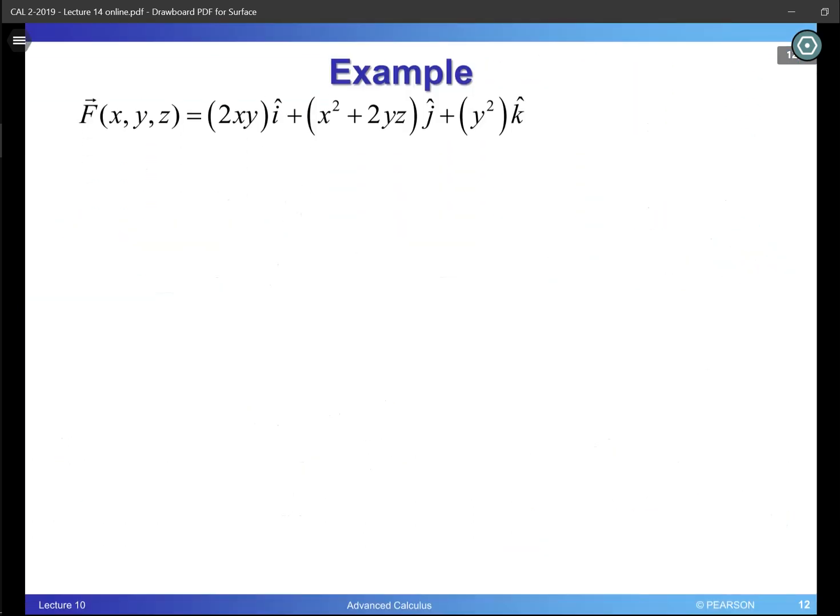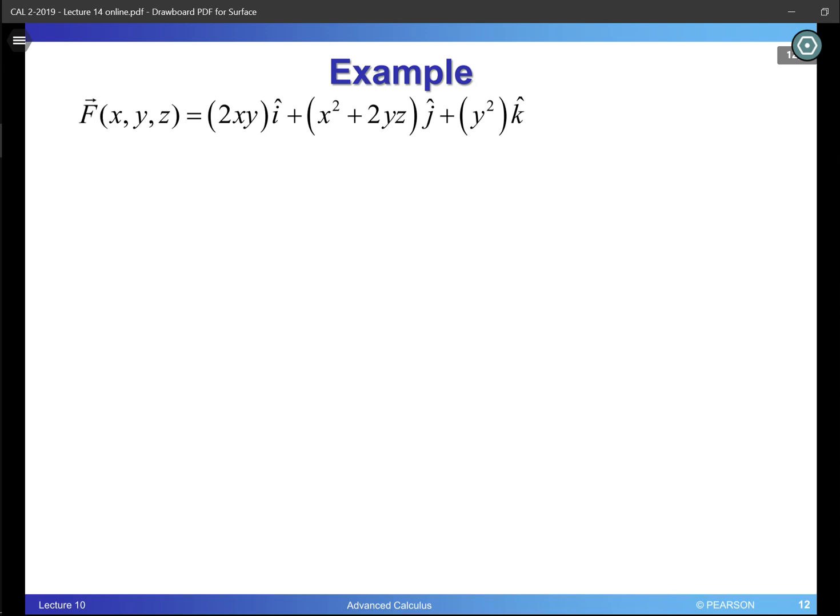Okay, last example of today. This one, we are going to talk about the conservativeness of the vector field, which is something that we already did in the last lecture, but it's going to be related to something we learned today, so let's take a look at how. I give you this vector field in 3D, and I ask you the same question as last time.